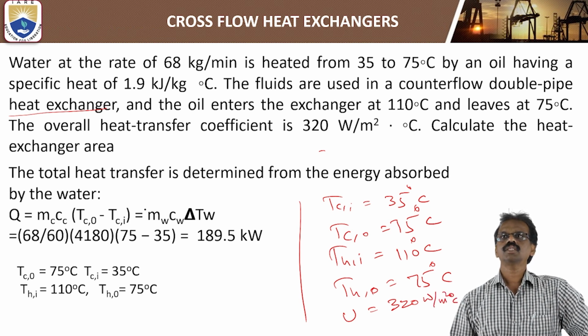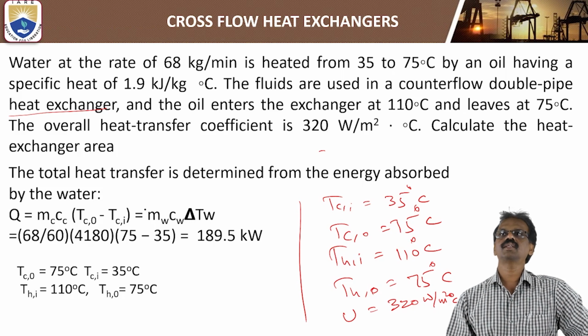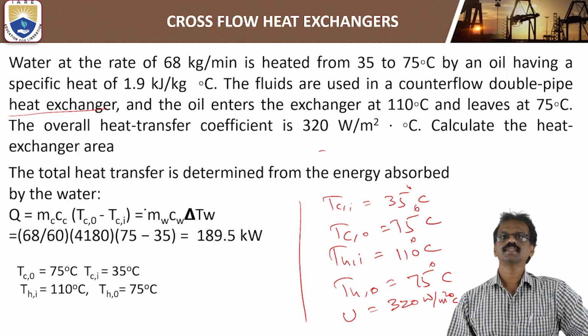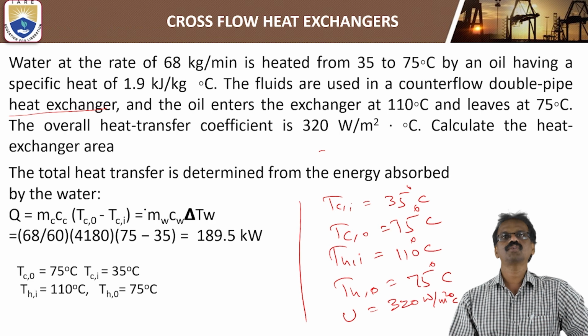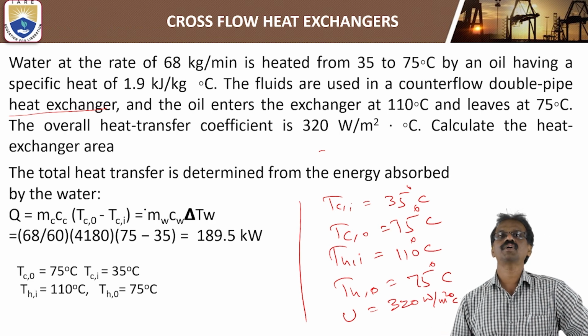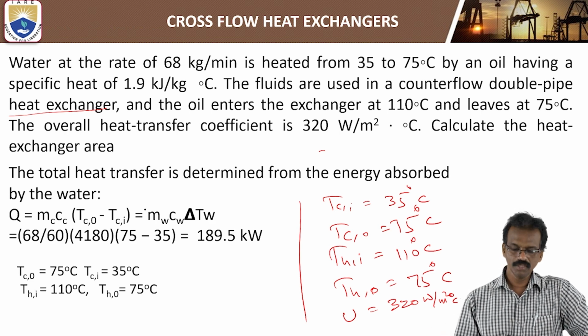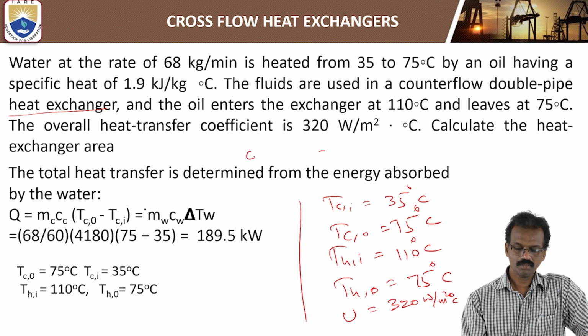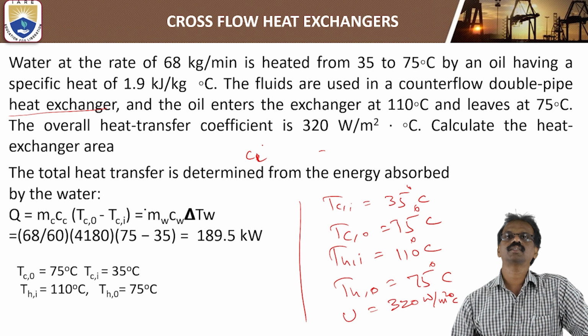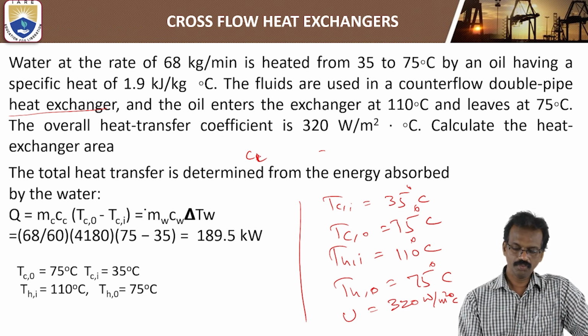Next, the specific heat of the oil is also given, and the mass flow rate of the water is also given. The specific heat of the water we know is 4.18 kilojoule per kg Kelvin, otherwise 4180. CP for water, or you can take it as CC because water is the cold fluid here.